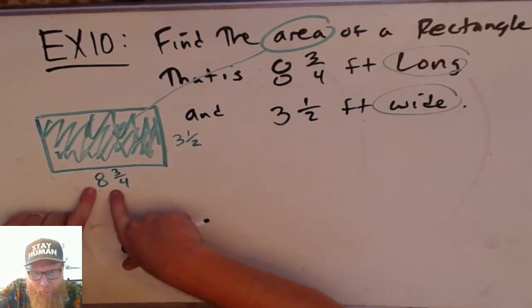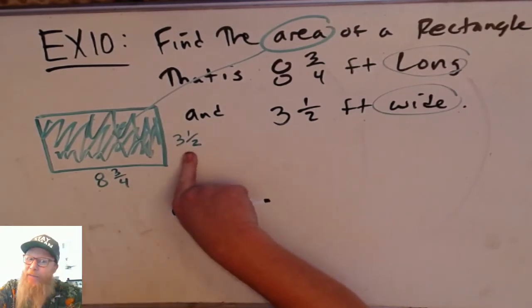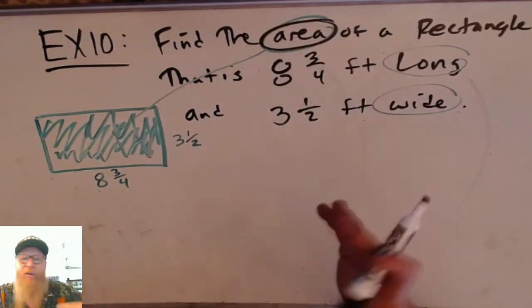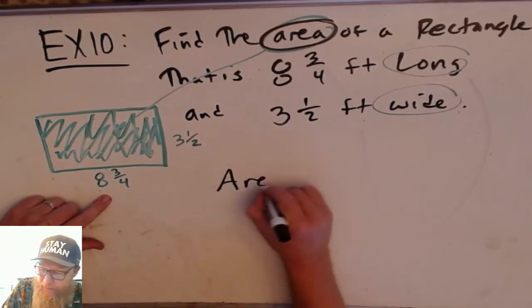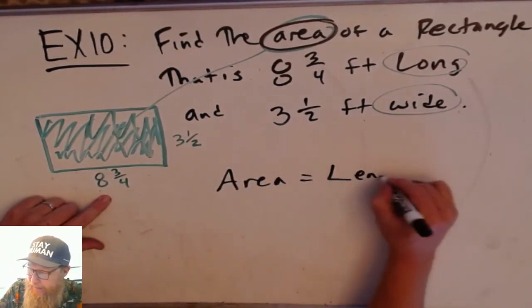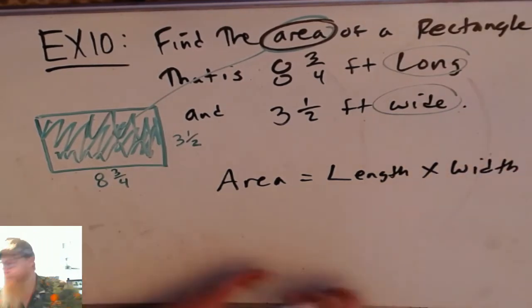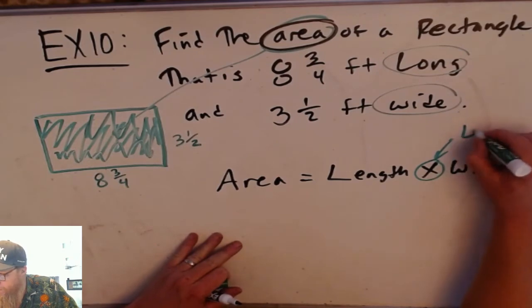You could call this the width. The bigger one could be the width, and the length could be the shorter one. It doesn't really matter because area is independent of order. So the area is length times width. Sometimes this symbol here is read as the word by.